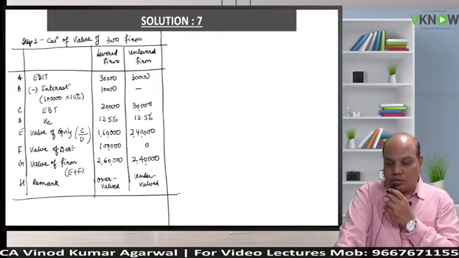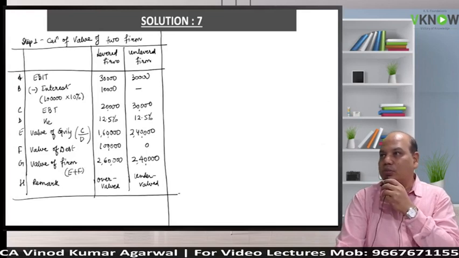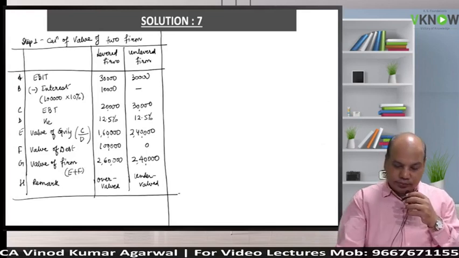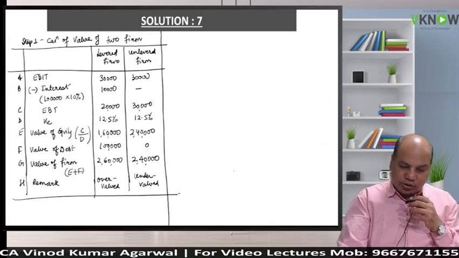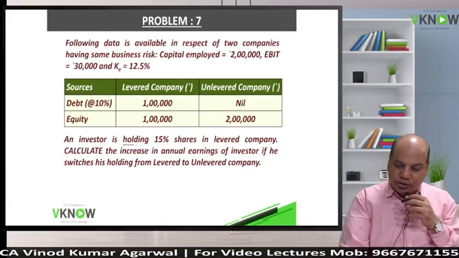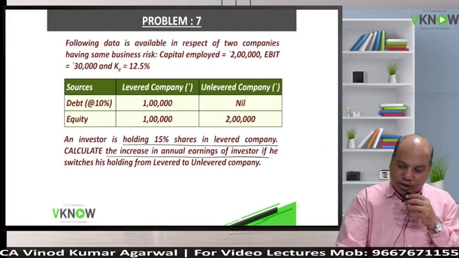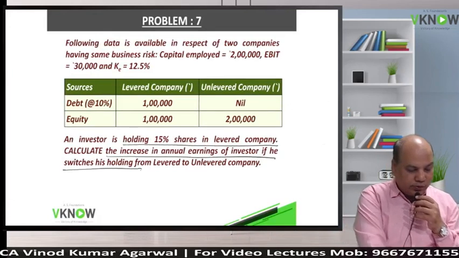You will sell shares of the overvalued firm and buy shares of the unlevered firm and also borrow money. Is it right? So in the question they have given you one small hint. An investor is holding 15% share in the levered company. Calculate the increase in annual earning if the investor switches his holding from levered firm to unlevered firm. Okay.